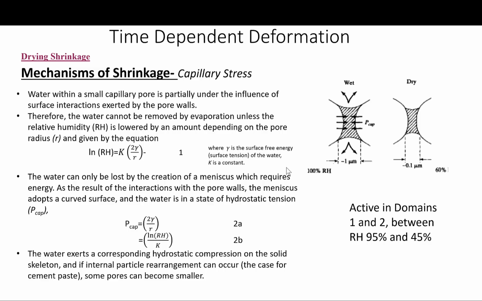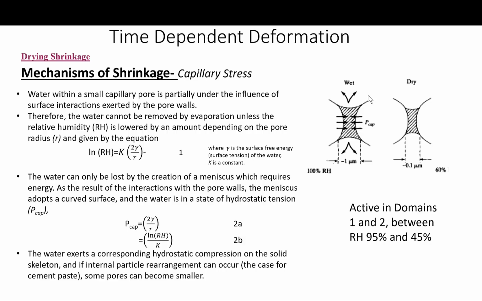So the water can only be lost by the creation of an air-water interface or a meniscus. All right? Which requires energy. As a result of the interactions with the pore walls, the meniscus adopts a curved surface, as you can see right here.